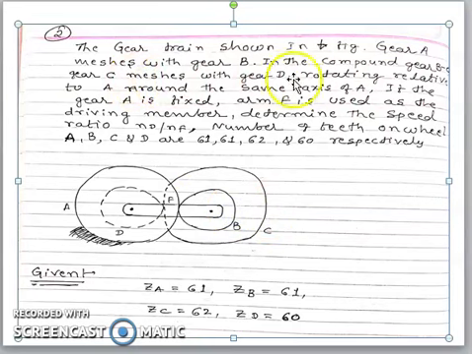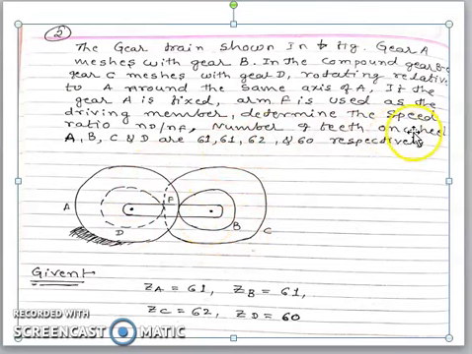Gear C meshes with gear D, and this larger gear is gear D. If gear A is fixed, the outer one, and arm F is used as the driving member, determine the speed ratio ND by NF, that is the speed of gear D divided by the speed of the arm.